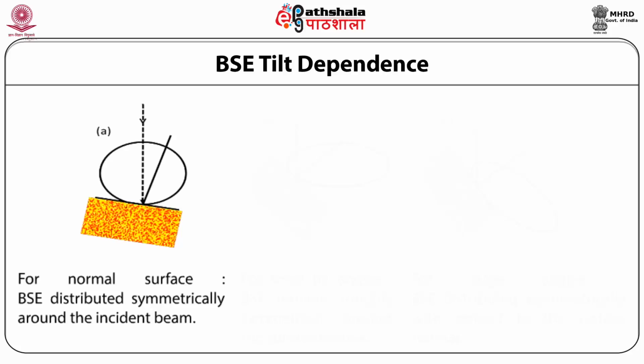When the surface is normal to the incident beam, the backscattered electrons are distributed symmetrically around the incident beam in a manner described approximately by the cosine function, which is n psi equal to n n cos psi.